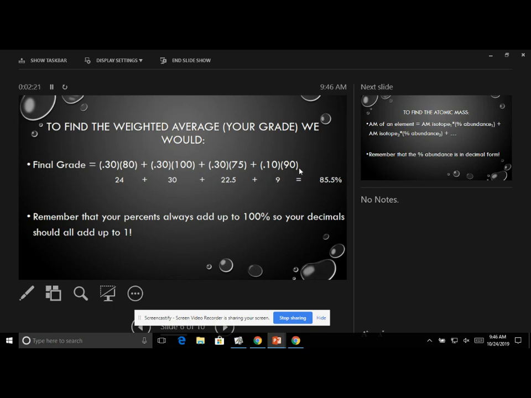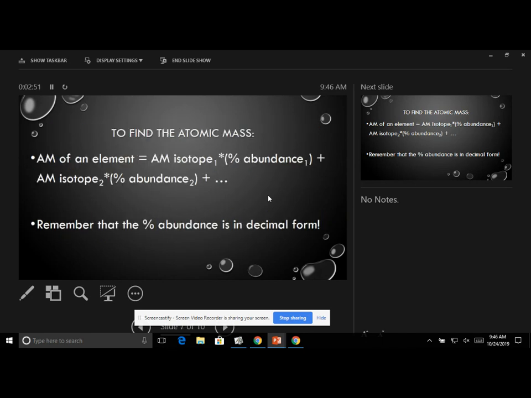It's more than just an average, where if I said 80 plus 100 plus 75 plus 90 divided by 4, that average would not account for the fact that they are weighted differently. In order to take care of that, we have to multiply by the percents as a decimal. Remember that your percents always add up to 100%, so all of my decimals need to add up to 1. It's a good way to check and make sure that you converted from percent to decimal correctly.